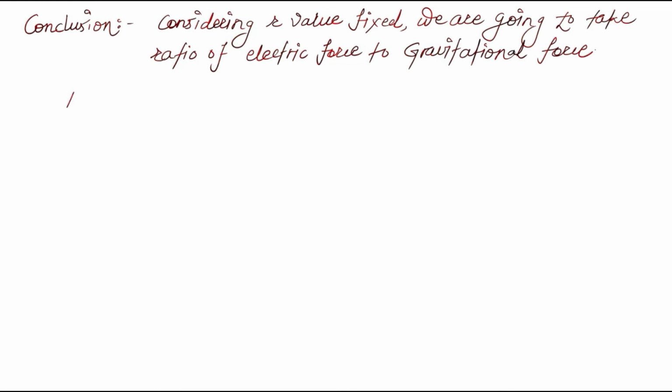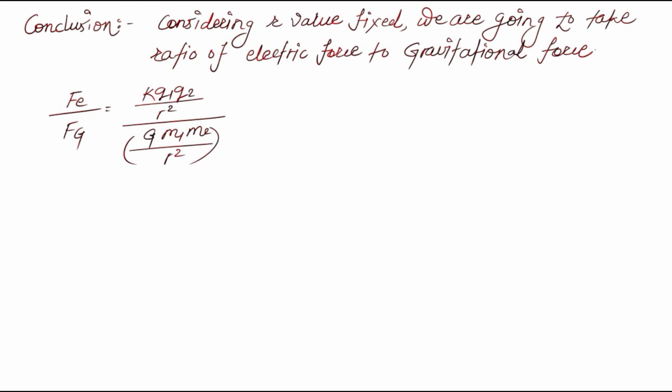So if we do so, what we have is k q1 q2 upon r square, upon G m1 m2 upon r square. Now observe carefully here.